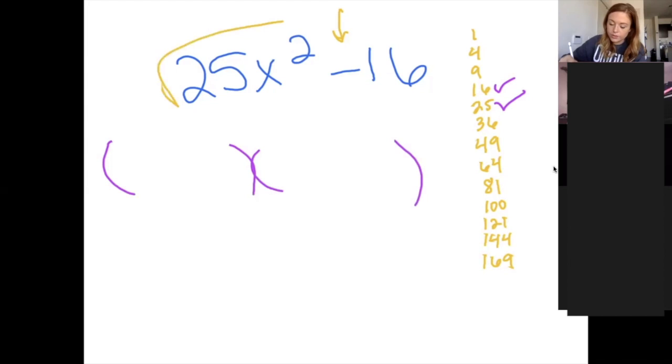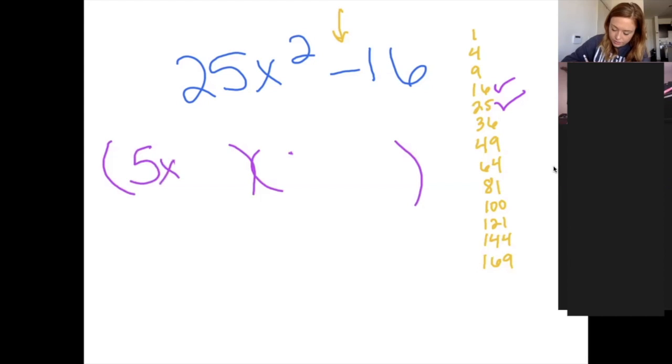The square root of 25 would be what? 5, and then the x squared turns into x. So those go into the first two spots. Then difference of squares means one has to be positive and one has to be negative, so we put that plus and minus in the middle. And then we take the square root of the last piece. The square root of 16 is what?